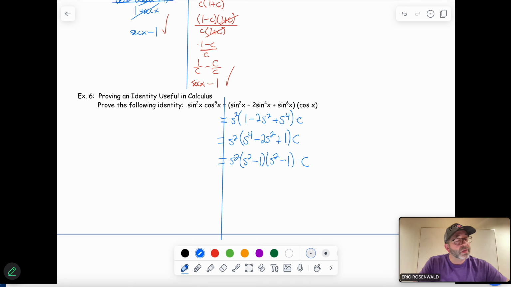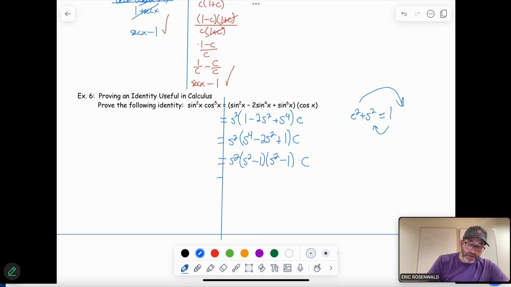Well, this leads to one of my Pythagorean identities, that we know that c squared plus s squared is equal to 1. If I move the 1 over here, that means that s squared minus 1 is going to turn into a negative c squared. That s squared minus 1 will turn into a negative c squared, and then a c.